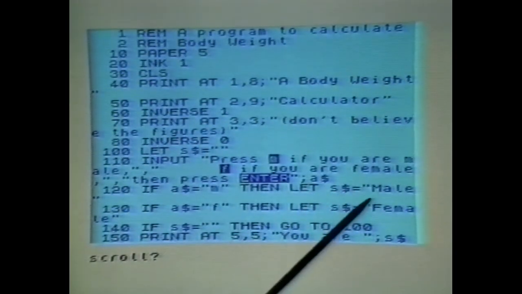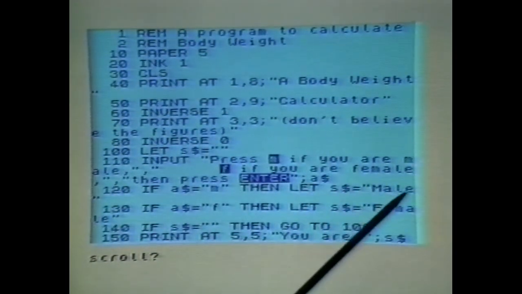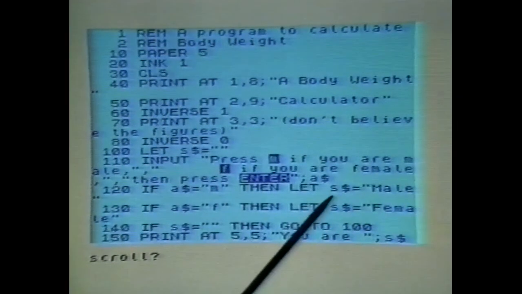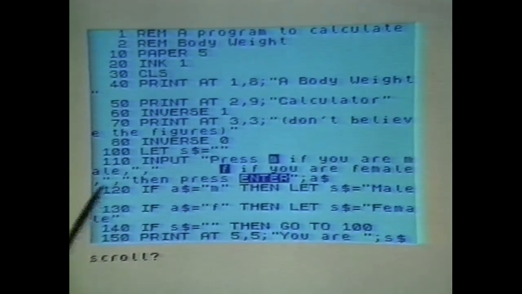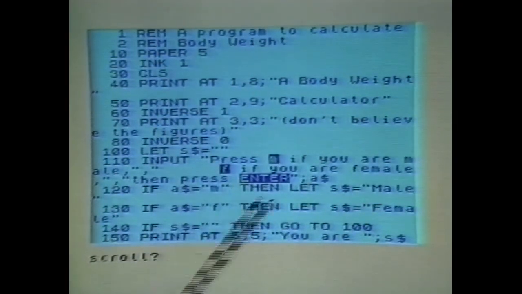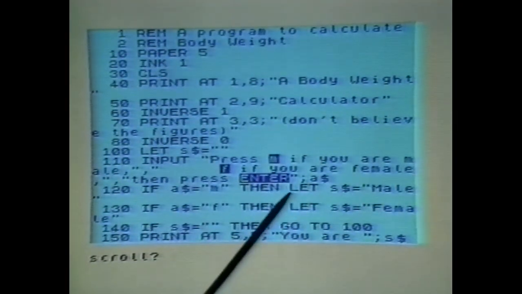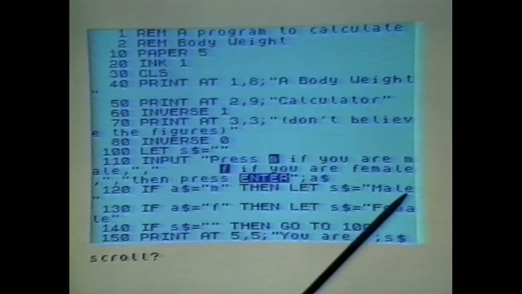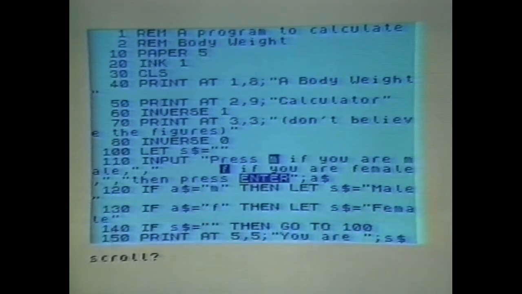I've said put M-A-L-E, the word male, into the string variable S$. Quotation mark there and another quotation mark there means that this is a constant value. So this let statement will always put the four characters M-A-L-E into S$.